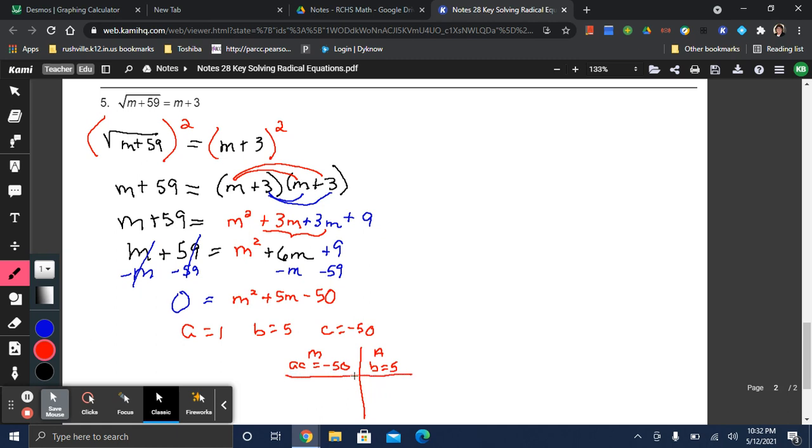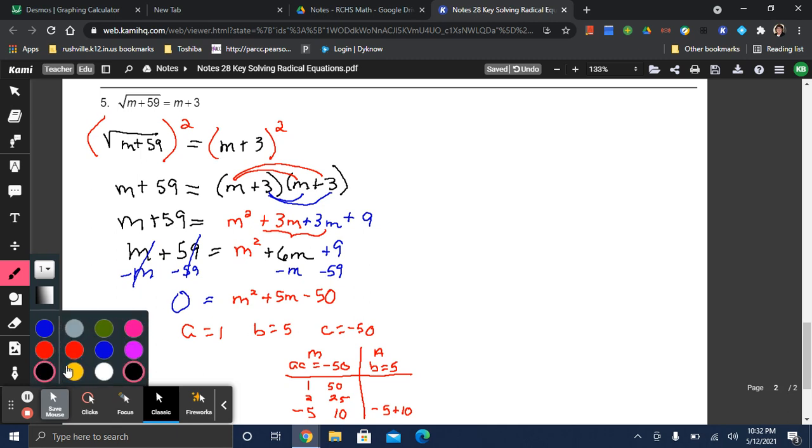All right, so for 50, we have 1 and 50. We have 2 and 25. We have 5 and 10. If we make our 5 negative and our 10 positive, then we can get our positive 5 that we need it to add to.